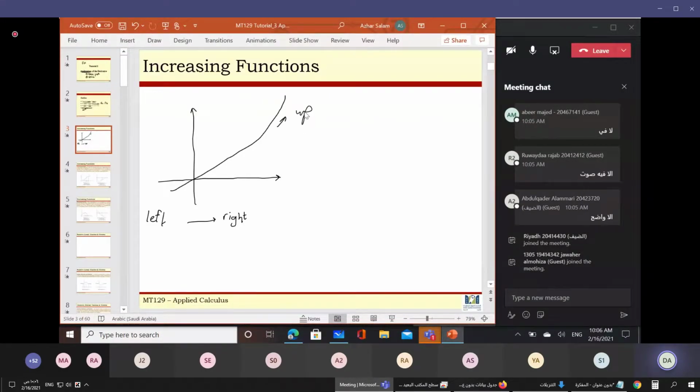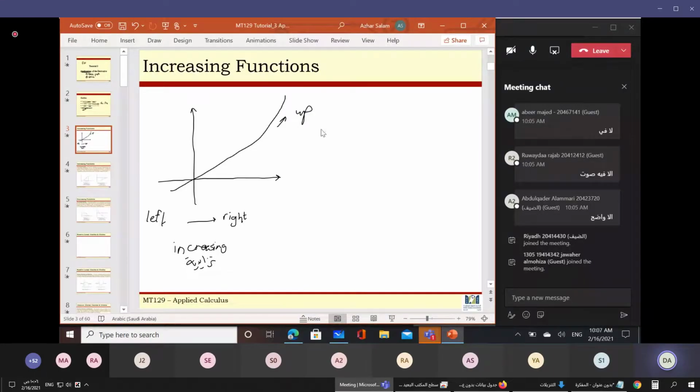It rises when I move to the right. If I have any function like that, I call it increasing. This is an increasing function, اللي هي نقول دالة تزايدية. ايش معنى دالة تزايدية؟ معناتها أن كلما اتجهت من اليسار، ضروري هنا الاتجاه، من اليسار إلى اليمين ترتفع قيم الدالة إلى الأعلى. It rises up.